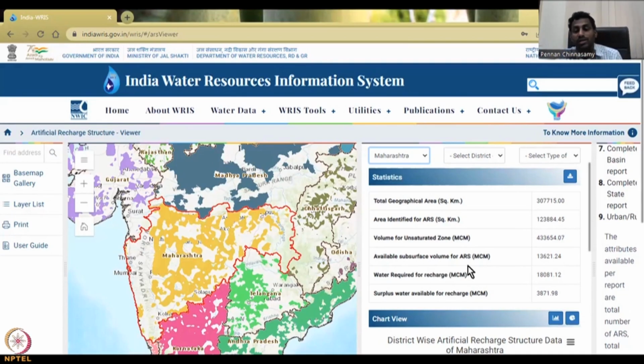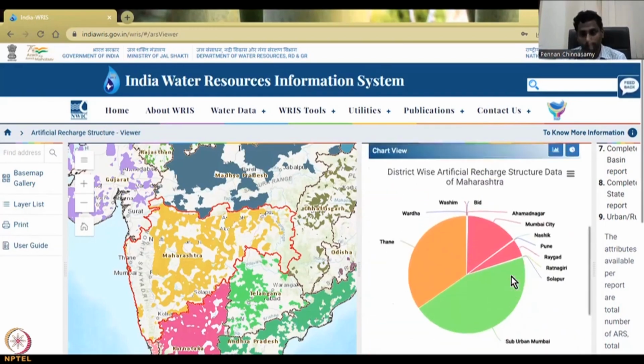You need around 18 billion cubic meters of water, and still there is surplus water, they say. How they arrived at this, you can go to the user guide and download all the methods they use for this data. I'm going to come down to where in Maharashtra they did.